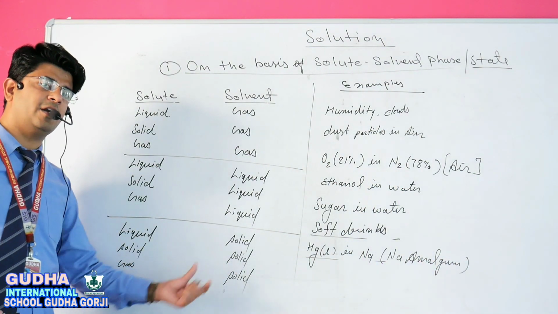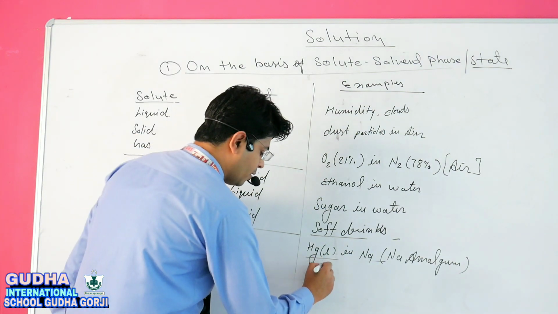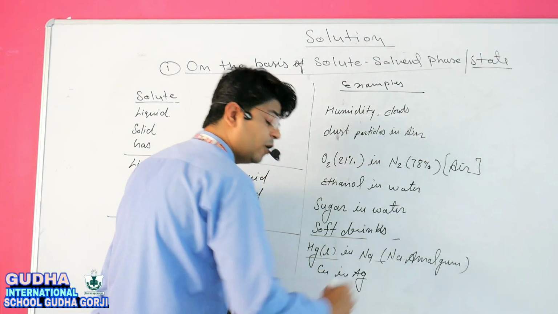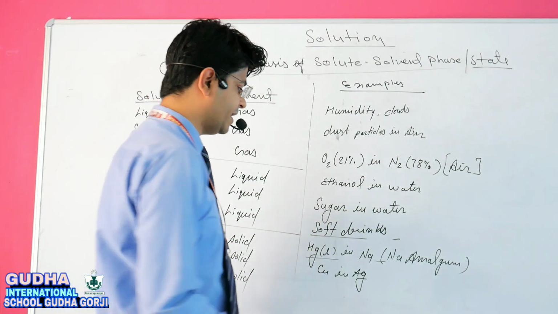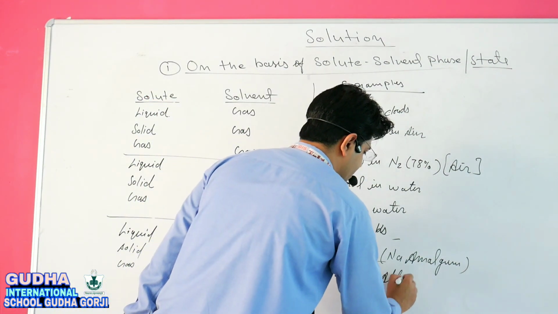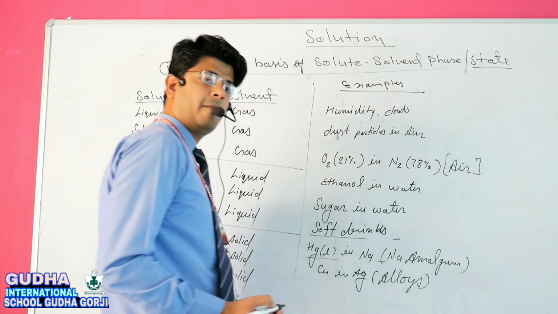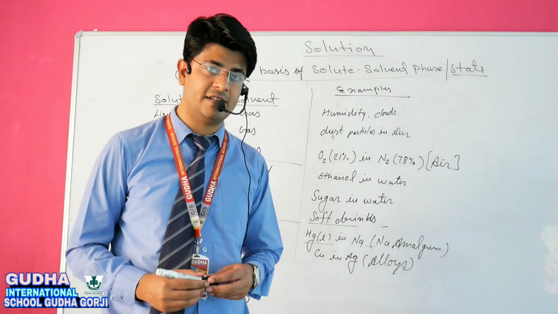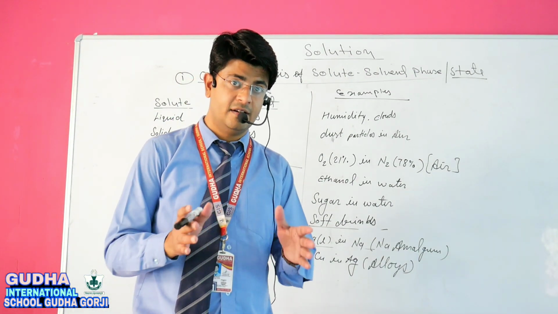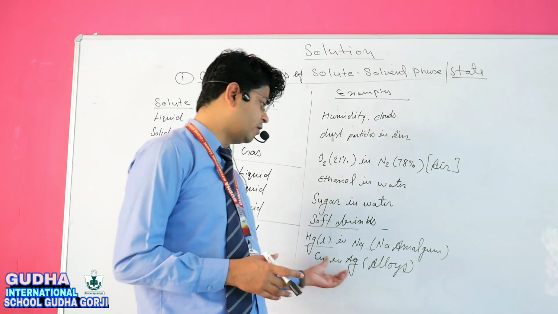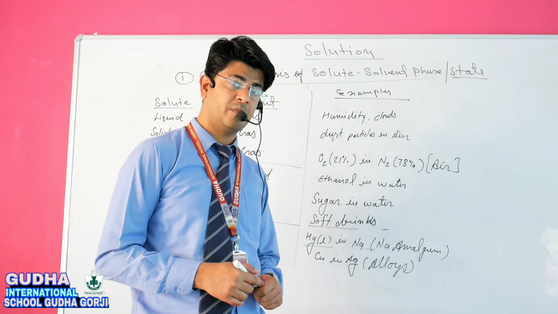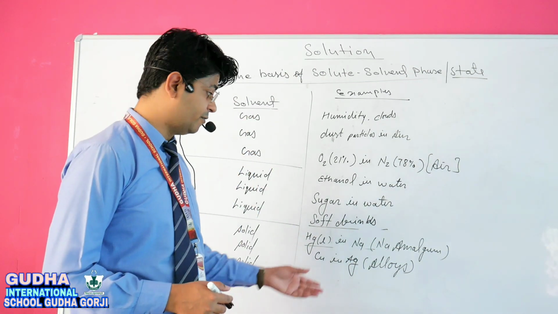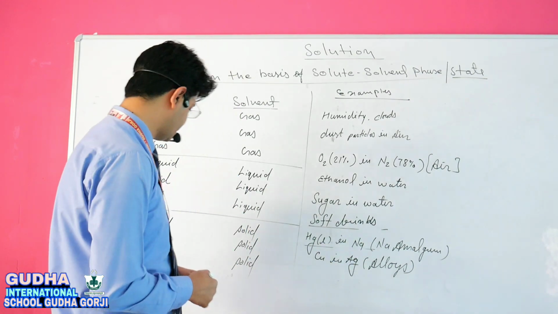Solid in solid: copper in gold. Or you can say these are the alloys. Alloys are the combination of two or more metals; a homogeneous mixture of two or more metals is known as an alloy. Of the various types of alloy, you can give any example of any metal in another metal.